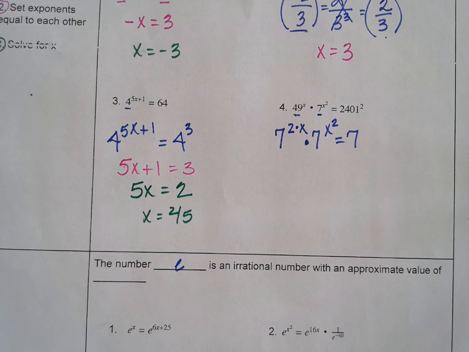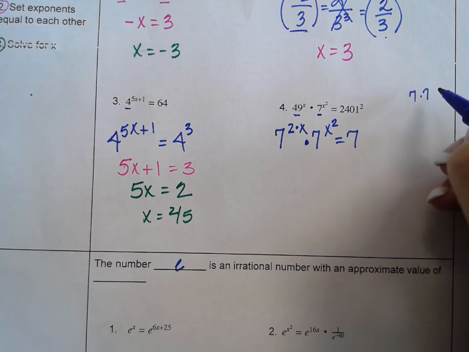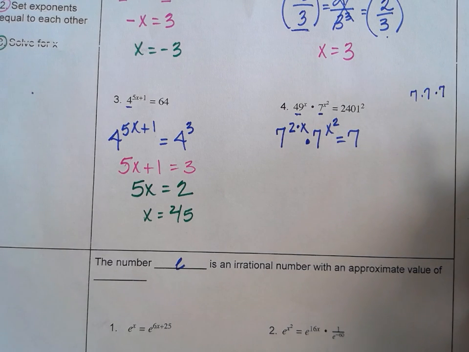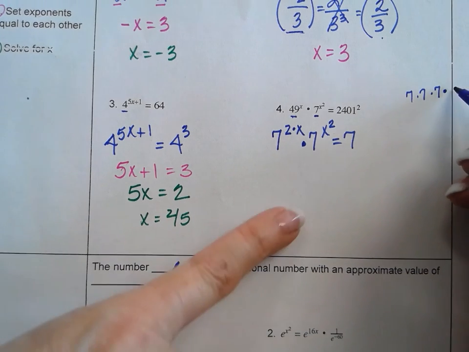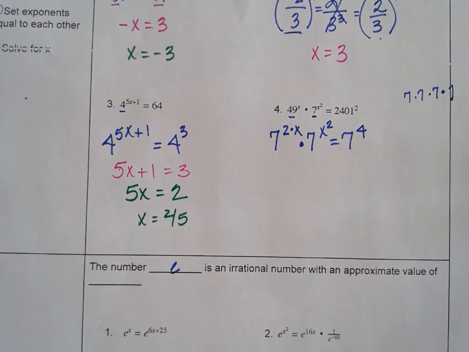Well, let's think about it. 7 times 7 is 49. Let's round up to 50. 50 times 7 is going to be 350. I'll bet it's to the 4th, because 300 times 7 is 2,100, 400 times 7 is 2,800. Does that make sense?